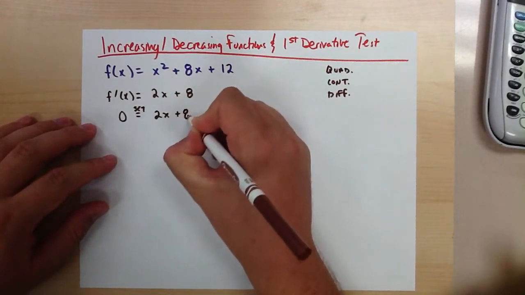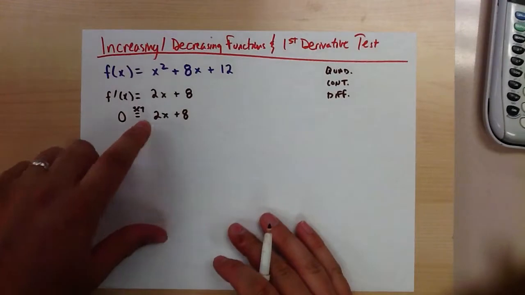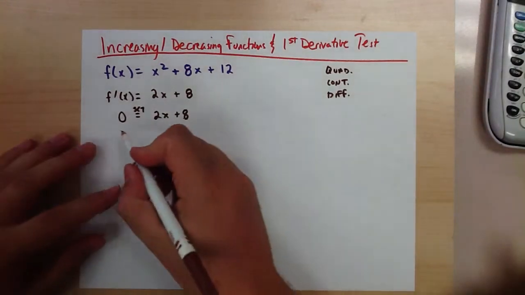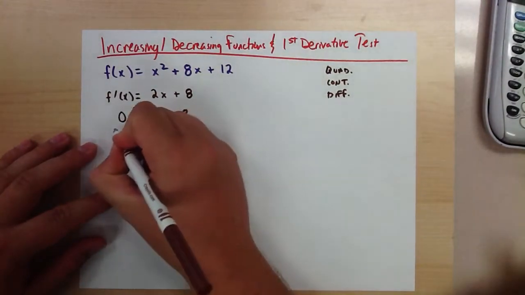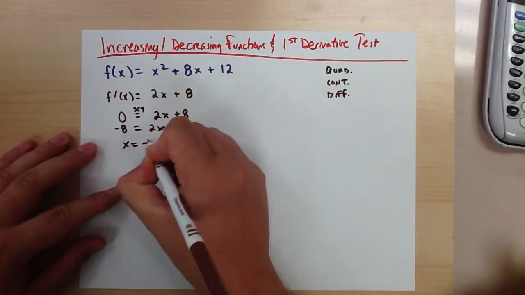We can set the derivative equal to anything, like 5 or 10 or -3, -1/2. But a lot of times in calc, we focus where the derivative's equal to 0, because that's going to tell us when we have minimums or maximums or a potential inflection point. Something's happening when the derivative equals 0. Things are changing there, okay? And so in this instance, we're going to solve for x. When you subtract 8, you get -8 equals 2x, and so x equals -4.